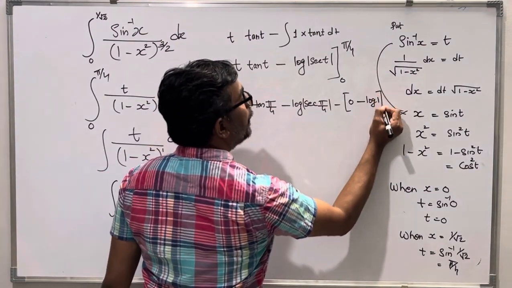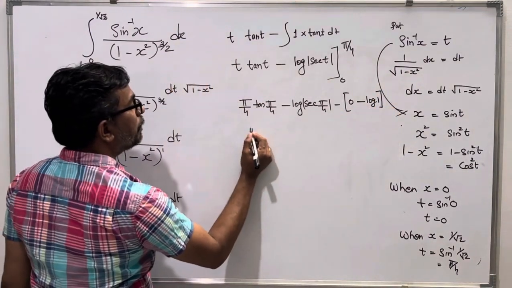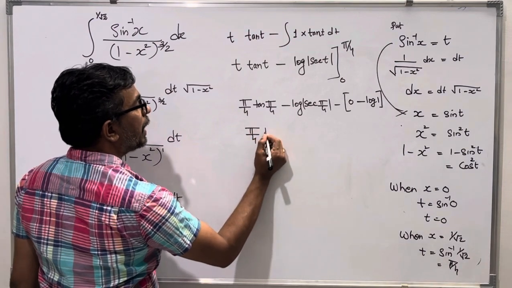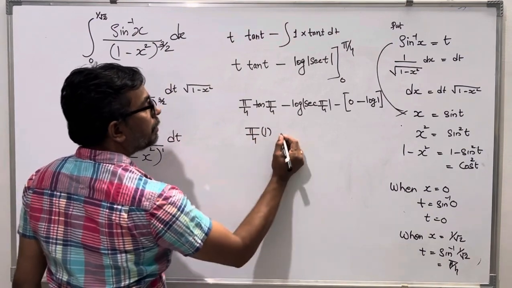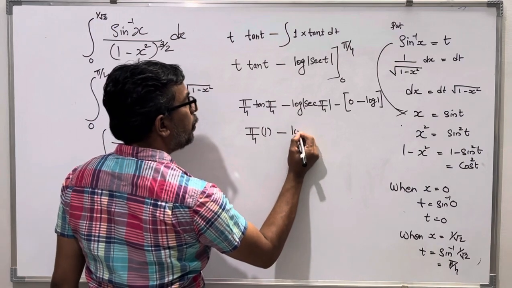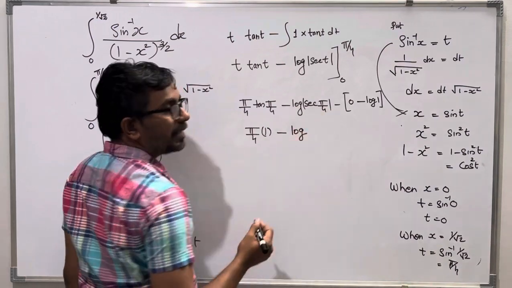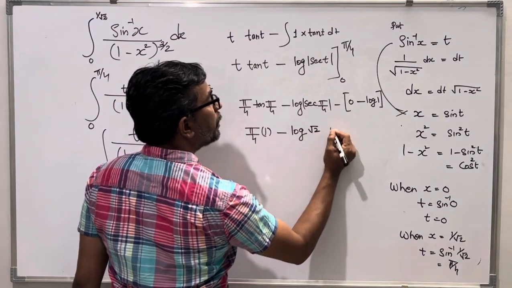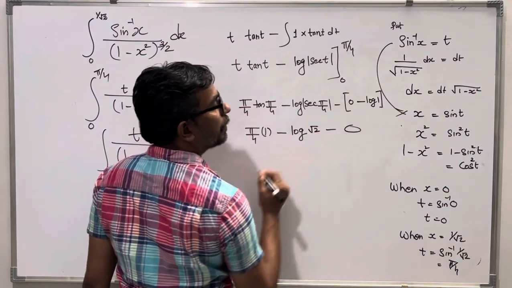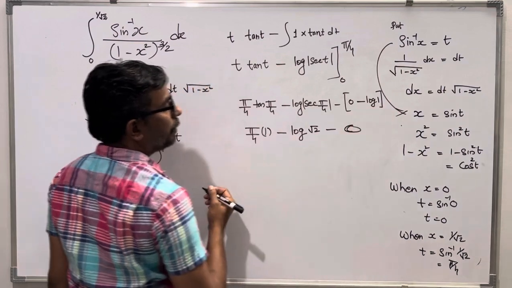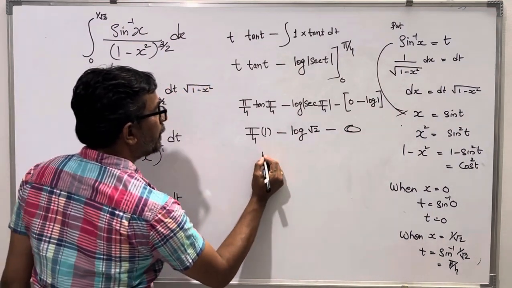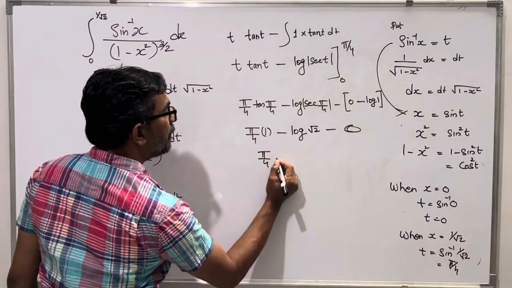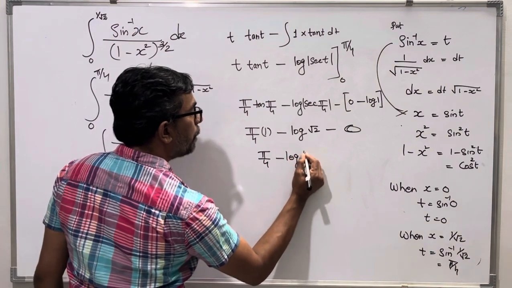So log 1 is going to be 0. This is pi by 4, tan pi by 4 is 1, minus log sec pi by 4. Sec 45 degrees is root 2. So root 2 minus, this is completely 0, log 1 is 0. So this can be written as pi by 4 minus log root 2.